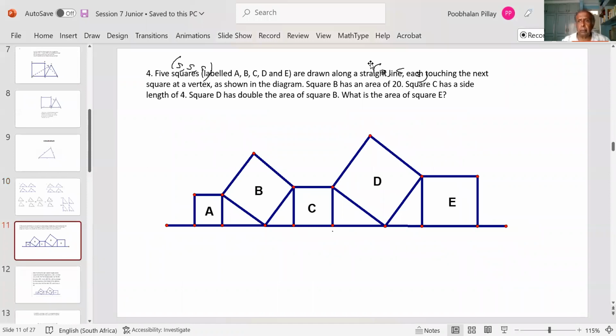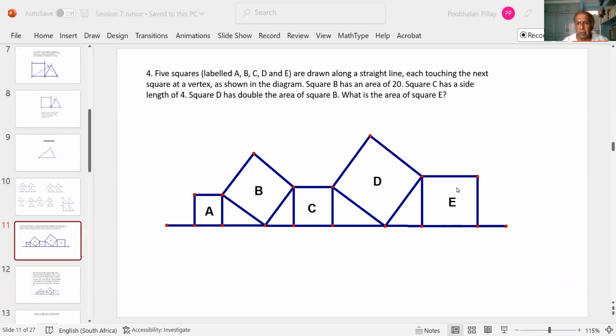Okay, so here we were asked to find the area of E, and we are given that the area of square B is 20. It is also given that square C has got length 4.